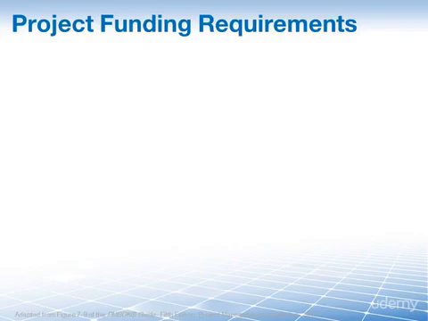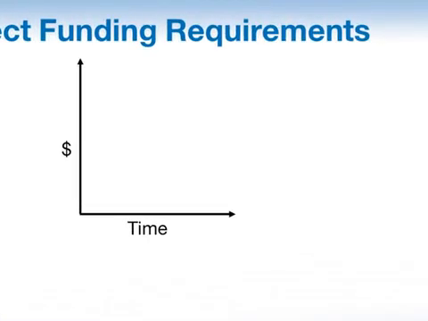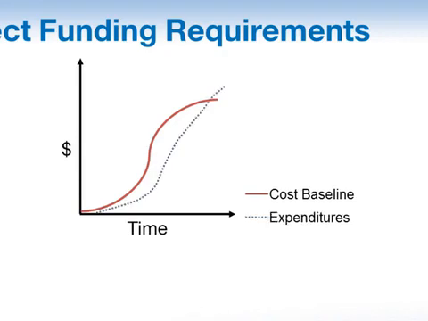Let us now draw a time-phased view of costs, expenditures, and project funding requirements. First, once again, we take a look at our cost baseline, which is our S-curve. It shows how much we expect the project will cost. We then consider expenditures, which may lag a bit from the time when the cost was actually incurred.